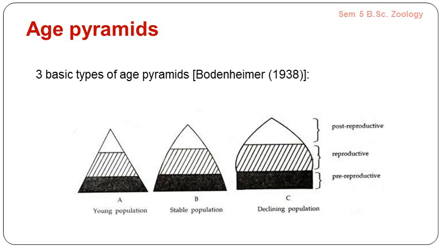In the third population, post-reproductive age group individuals are more numerous as compared to reproductive and pre-reproductive. So what happens is, in the future, the population size will decrease. There will be a population decline. The population size is also affected by the ratio of the organisms of different sexes. Among the animals, there is great variation in the number of male and female individuals.